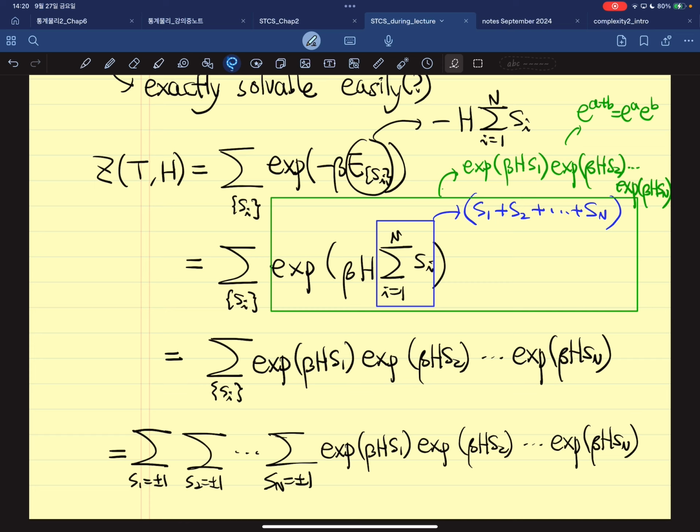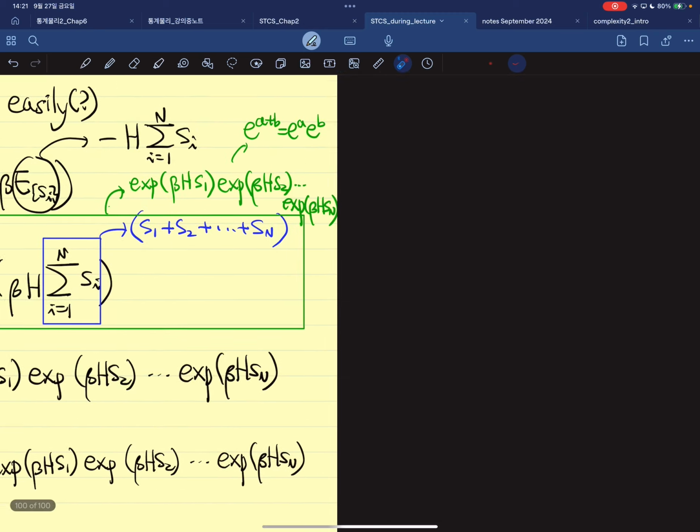But in fact, you can use the fact that this factor has nothing to do with the other summations other than S1 itself. And this factor has nothing to do with the other spins other than this spin itself.